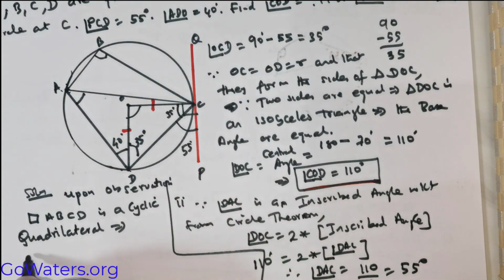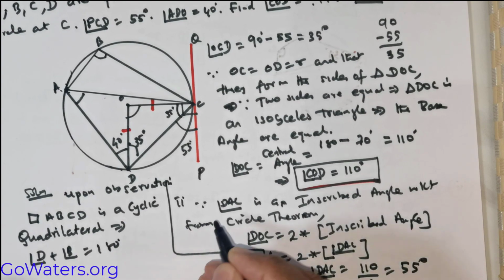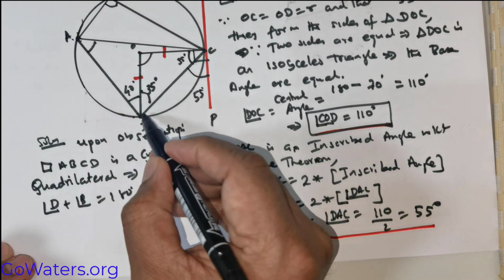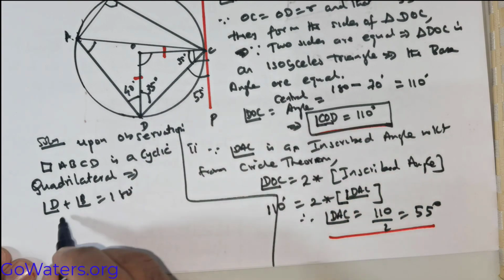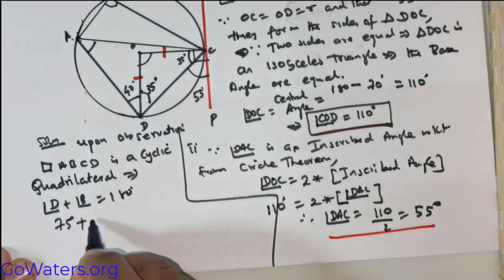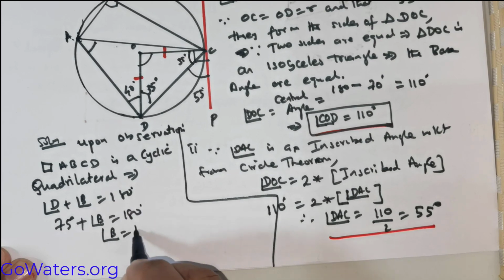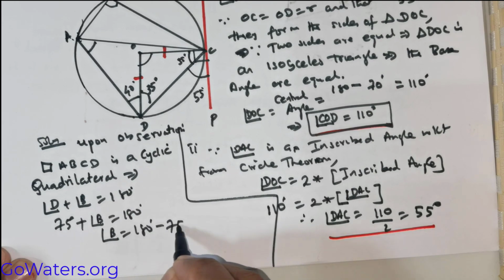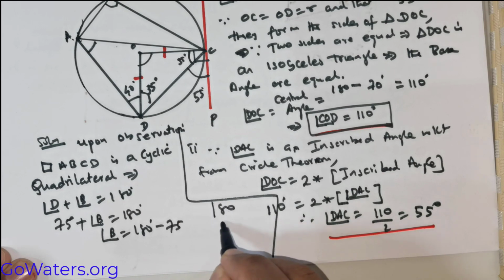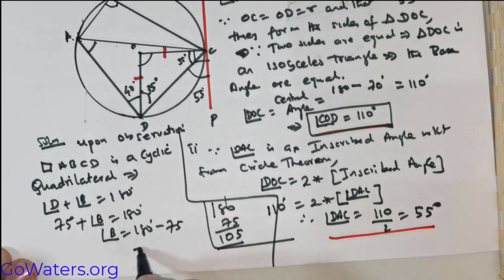This means angle at D plus angle at B is equal to 180 degrees. But what is angle at D? This is 40 plus 35, 75. 75 plus B is equal to 180. So angle at B is equal to 180 minus 75. So how much is that? 180 minus 75 is 105 degrees.